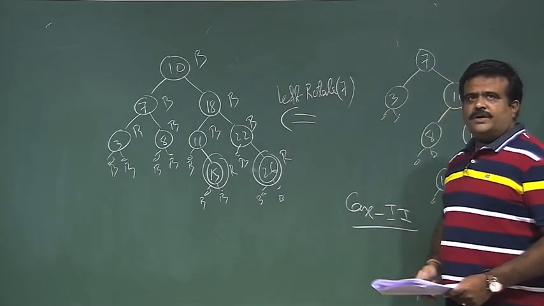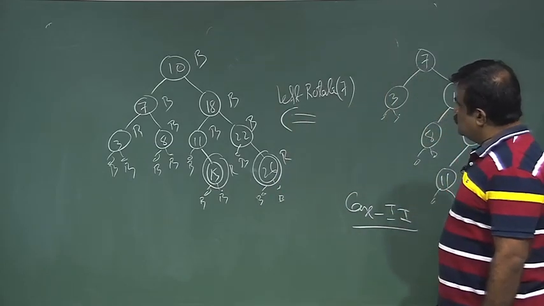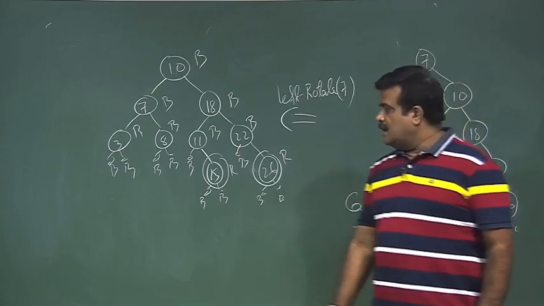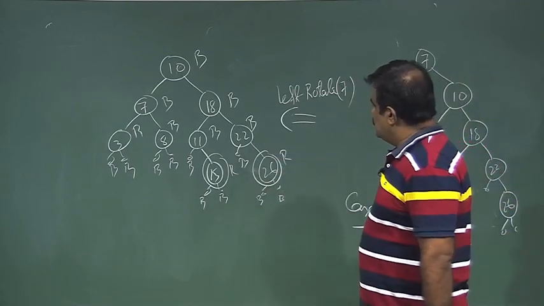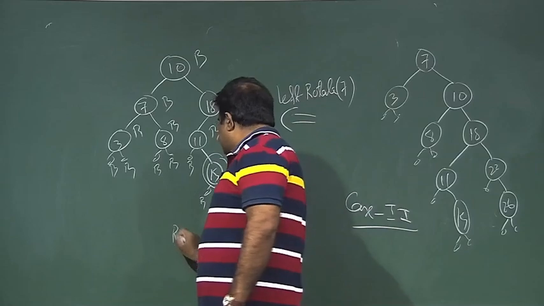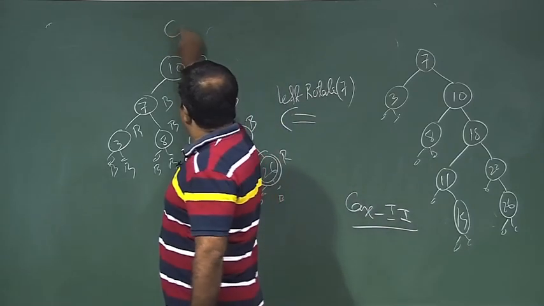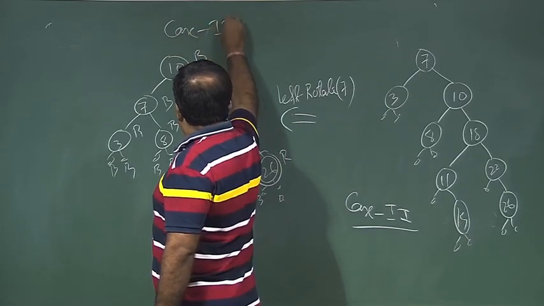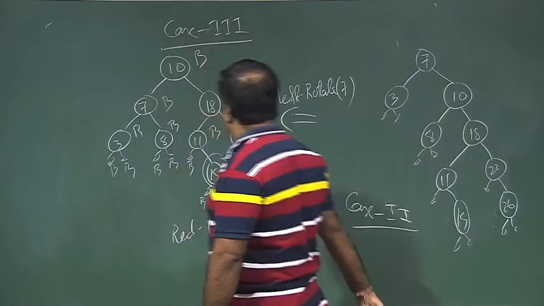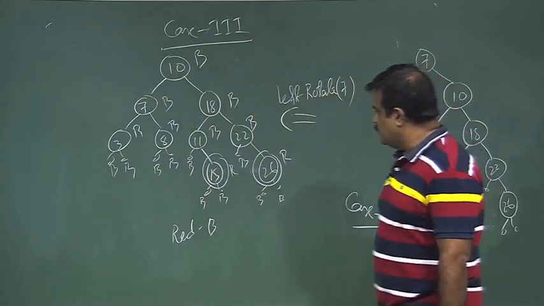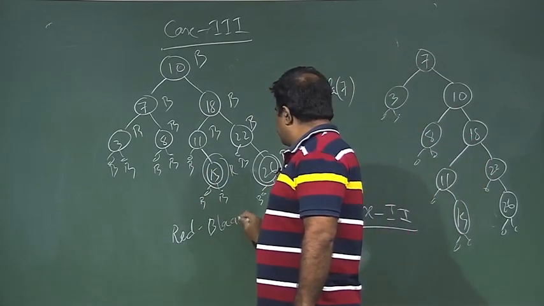This recoloring we can do at any time. So, this is basically a red black tree, and this operation is case 3. If we have to perform case 2, then case 3 will be followed by case 2. So, this is a red black tree.